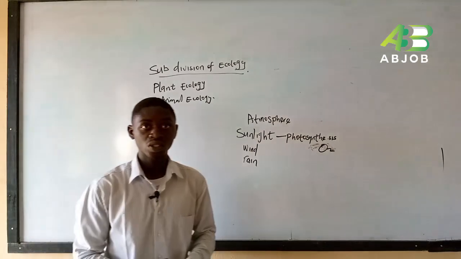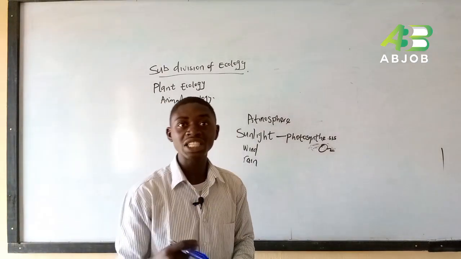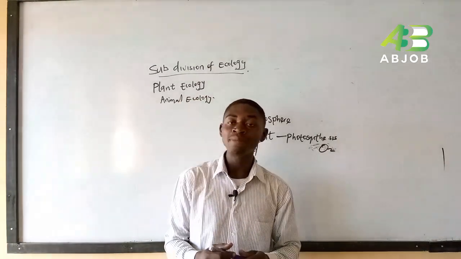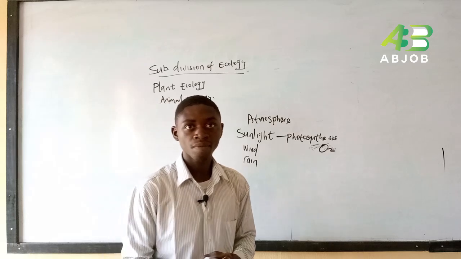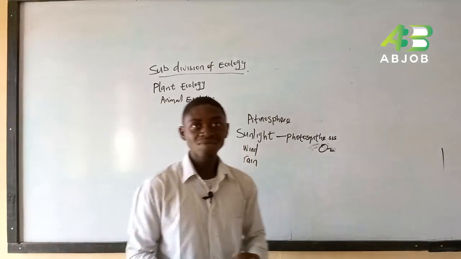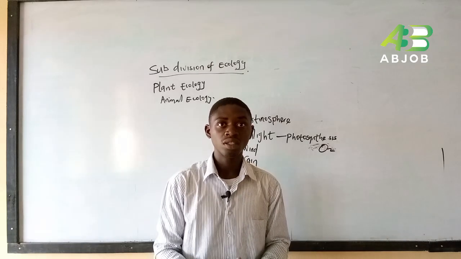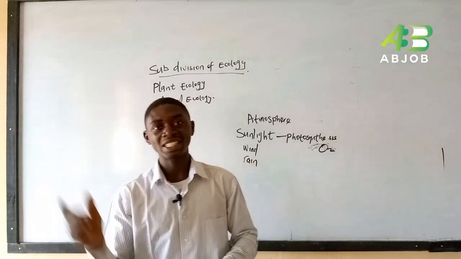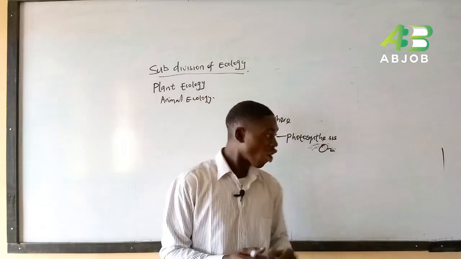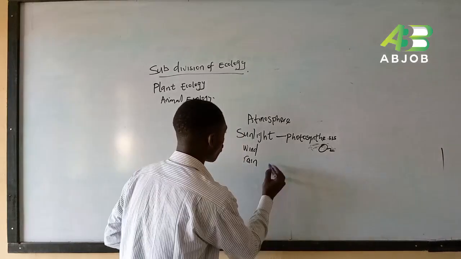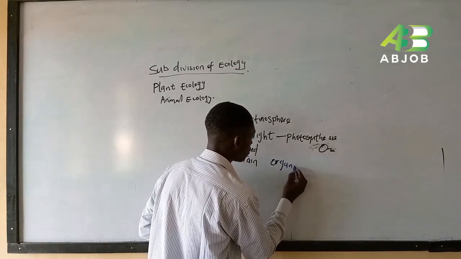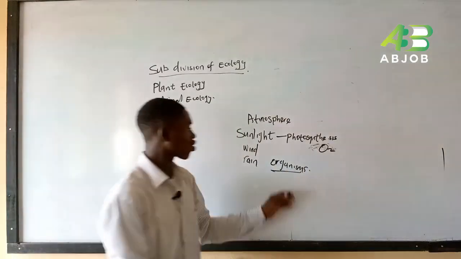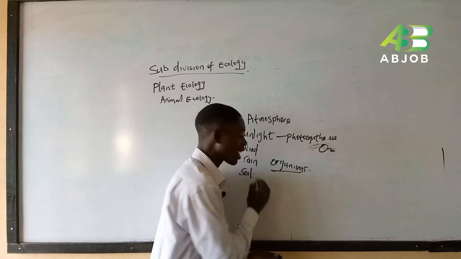as their waste product. That's the oxygen which animals take in. And with rain, they sprout up by growing speedily. They develop fibrous roots, stuff like that, etc. And don't forget, there are some organisms in the soil, and soil is part of the plant environment.